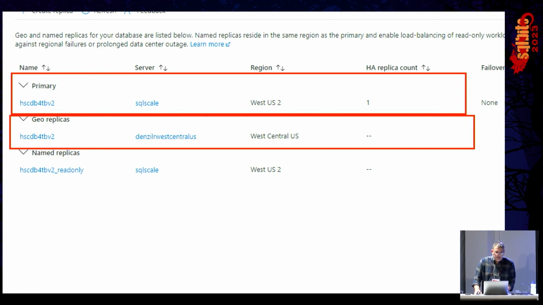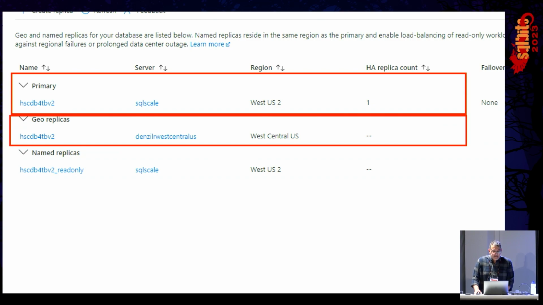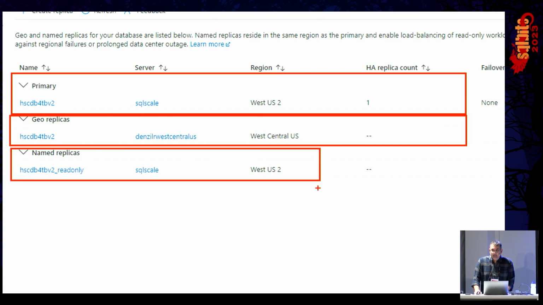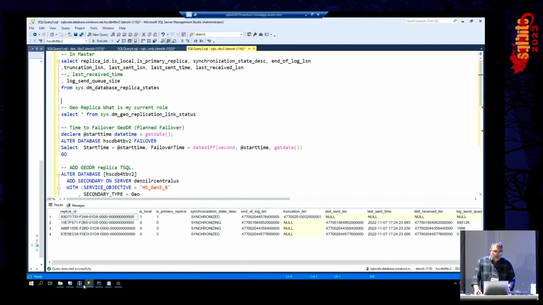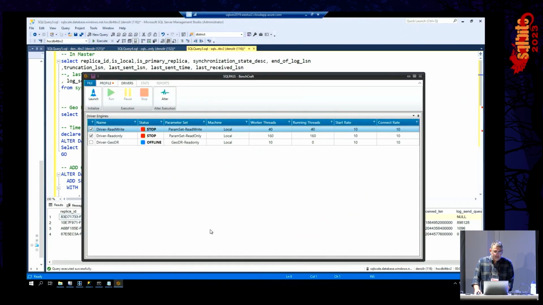Then you have the geo replica, which is in the paired region, West Central US, and then you have a named replica. These are the 3 types of replicas I've used in my demo. What we'll see is we'll direct workload to each of these and see how they behave.